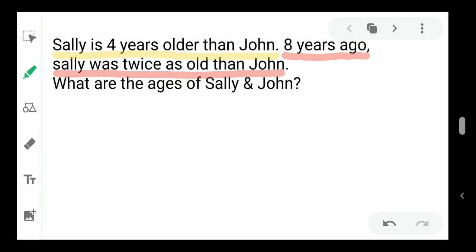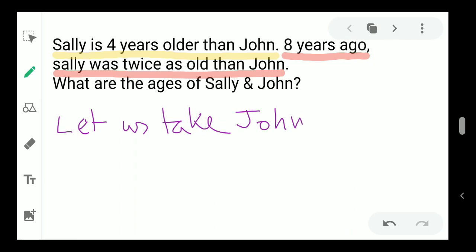So let us take Sally's age as X. Now one thing you remember, whichever is the smaller one, it's better to take that as X. Now Sally is 4 years older than John, so you can take John's age as X. Now Sally is 4 years older than John, so Sally will be how much?